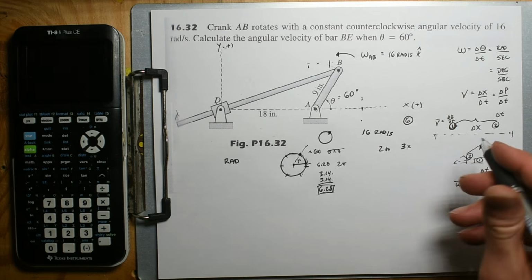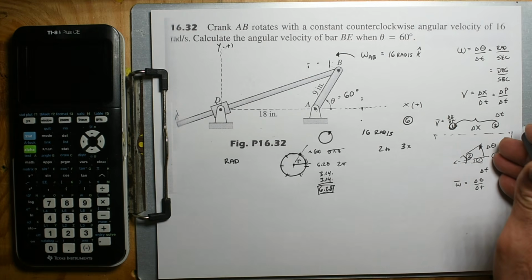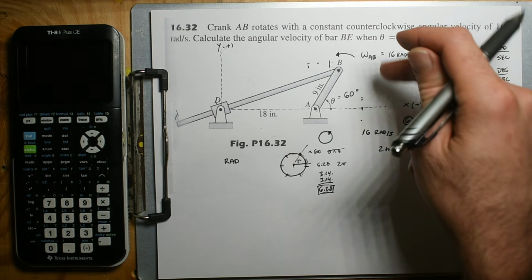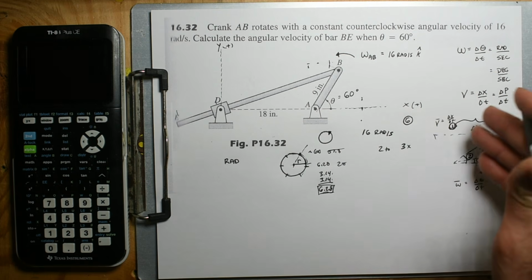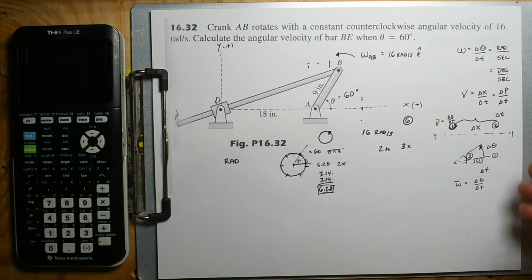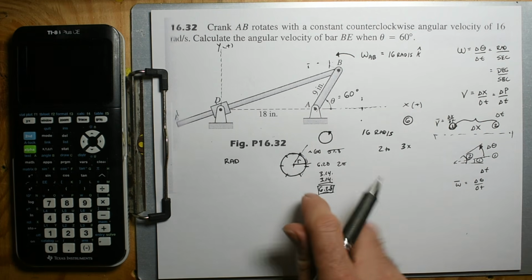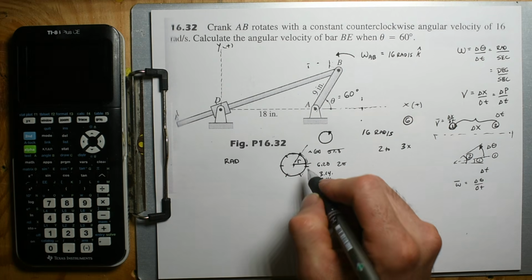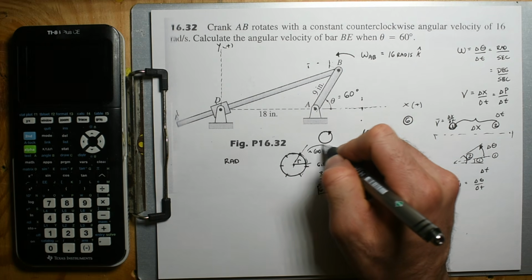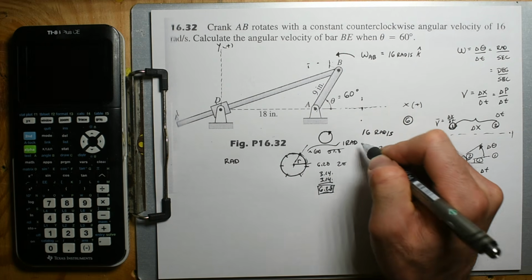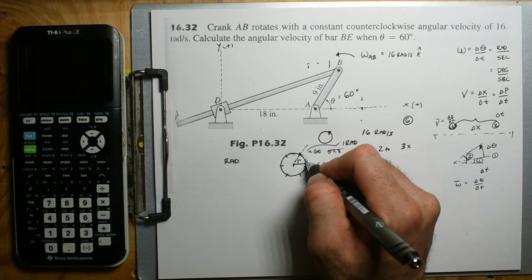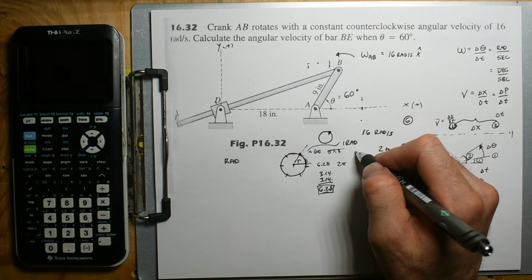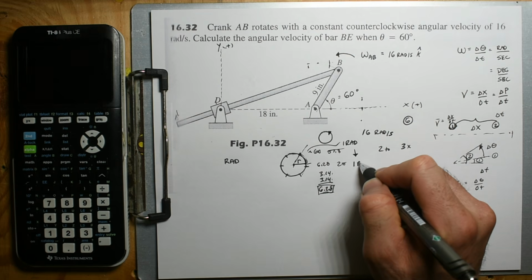All right, so we just talked about how angular speed is a change in angle per time. So what is this? We're going to say this is 1 radian. Let's write that out. 1 radian, and the distance that we traveled was 1 radius.